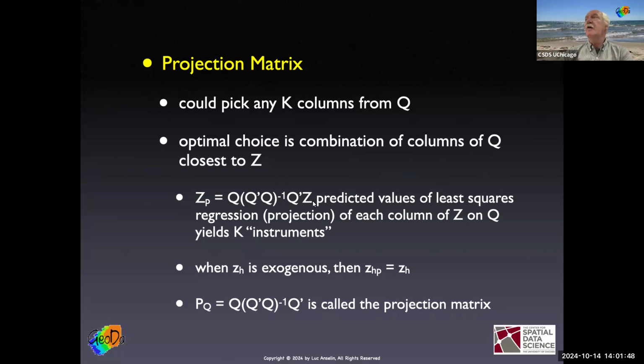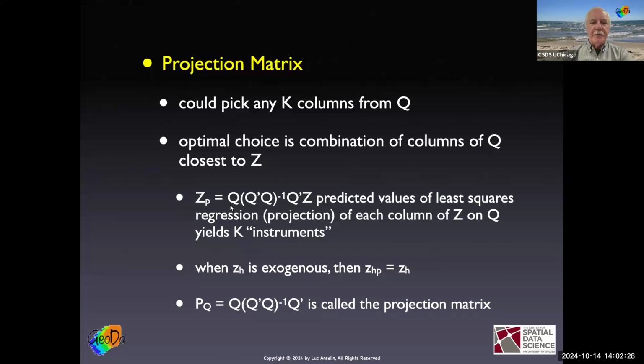So this monster here is nothing but the predicted value that you get when you regress each of the Z columns on all of the instruments. For the exogenous ones, the regression coefficient is 1, so you just replace it by itself. For the endogenous ones, the regression coefficient is not going to be 1, and you actually have a predicted value, and you plop that in instead of the original Z variable, and then you do instrumental variables.